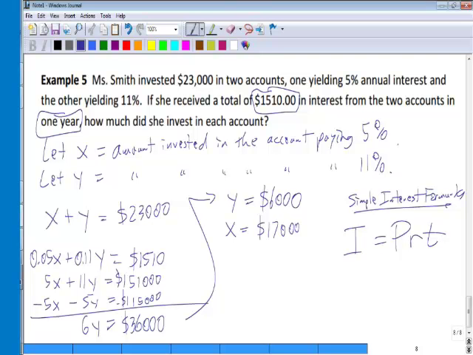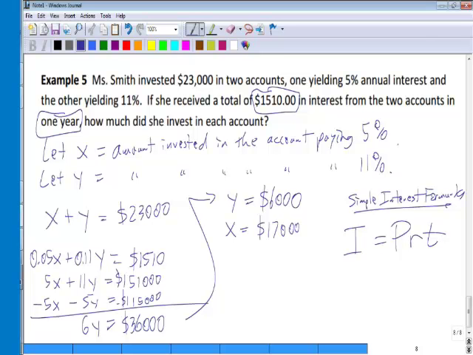I believe that's the one. So it would appear that she's putting the lion's share of the investment in the, we hope, conservative investment, since it's only paying 5% compared to the other one, and to try to bolster her investment a little bit without risking everything, putting the other $6,000 into the 11% account and hoping for the best. Maybe it also is a reasonably safe investment.